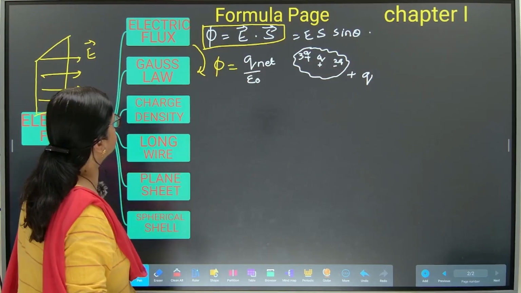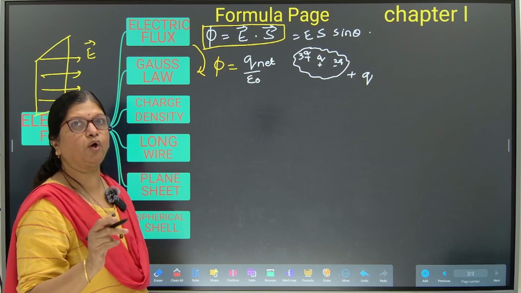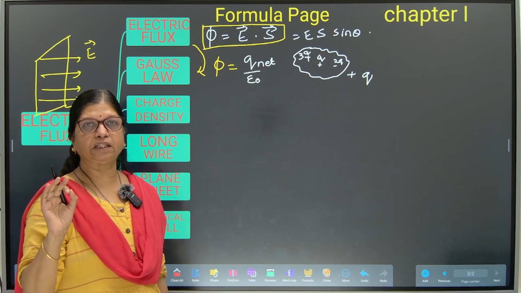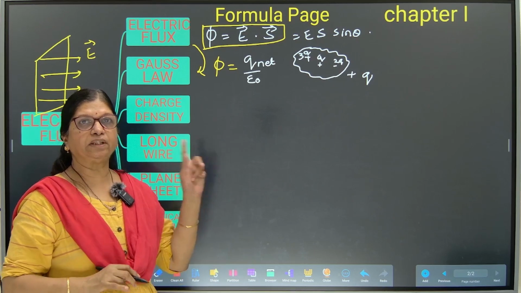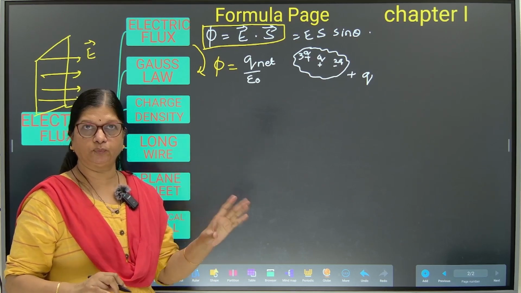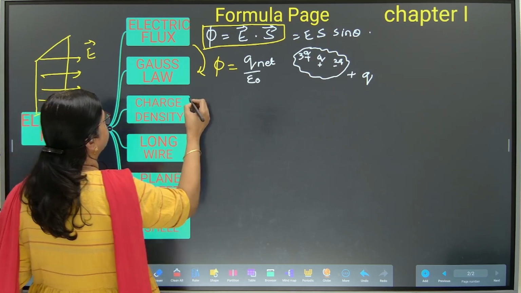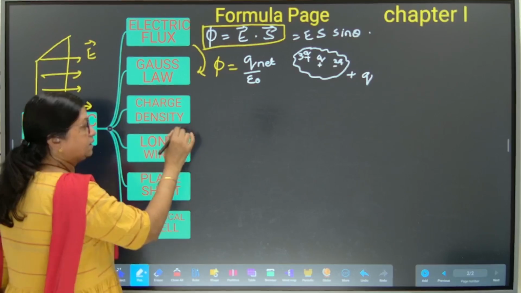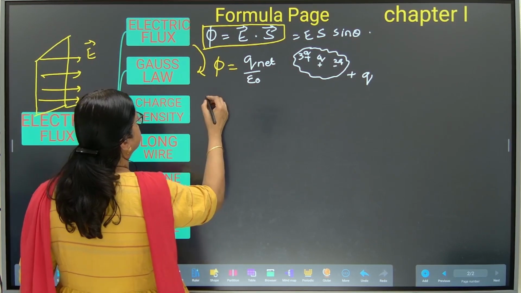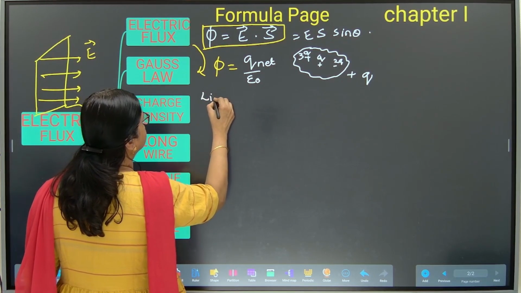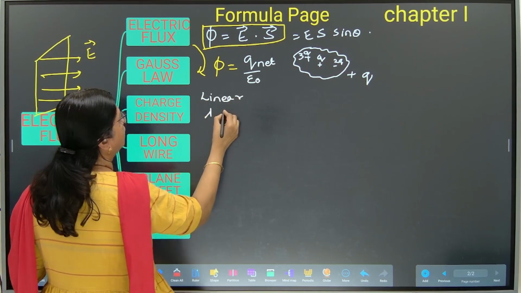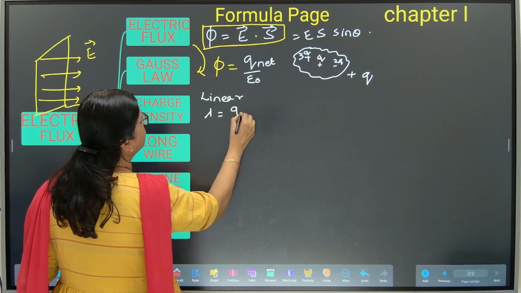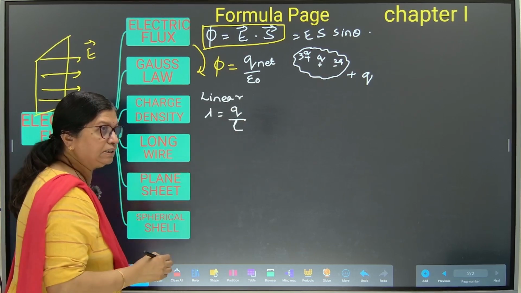Now let us write down the formulas of three concepts and use Gauss's law with these concepts on various objects. First is the charge density. We have three kinds of charge density. That is linear charge density, denoted by lambda, is equal to Q upon the length which we are considering.